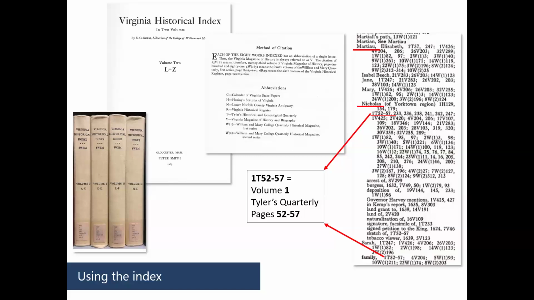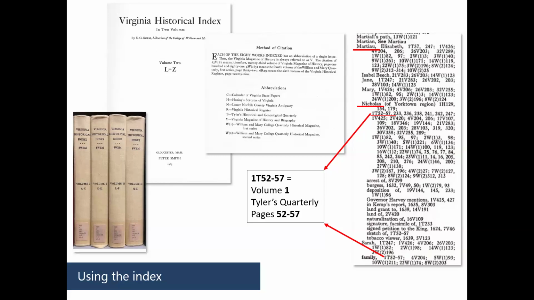So if you look at Nicholas there that we've underlined, you'll see that we have that first cryptic code, 1T52 to 57. What this is telling us is that that is Tyler's Quarterly, Volume 1, pages 52 to 57. You'll see the same thing again under family.